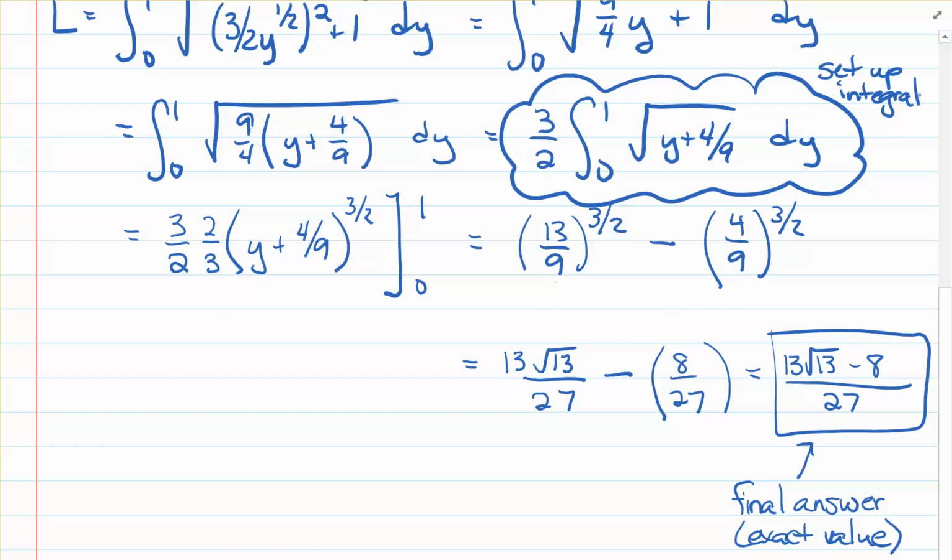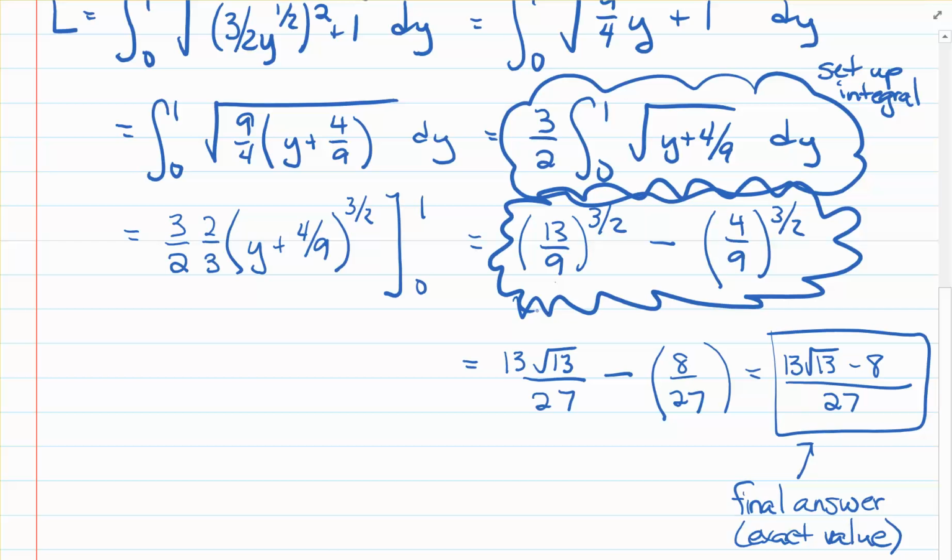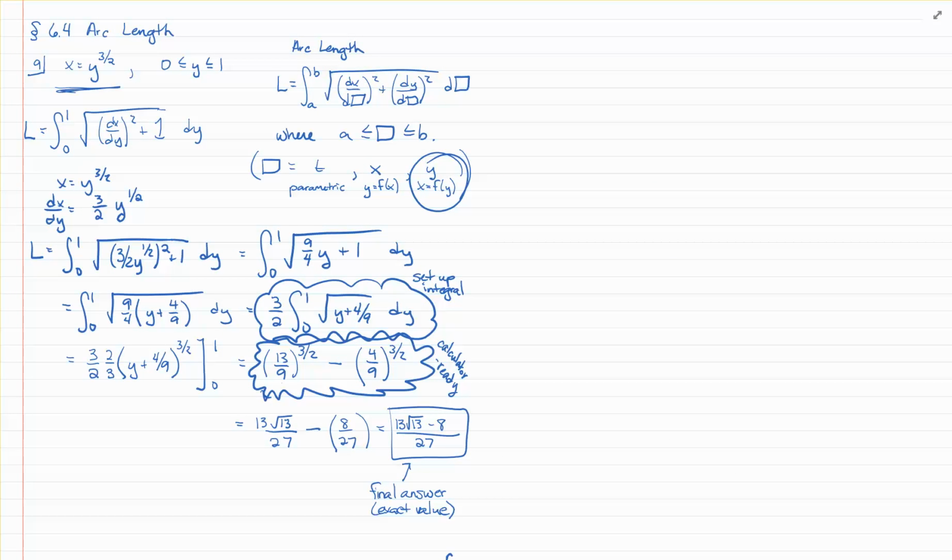And then this, maybe a different kind of bubble, a jagged bubble, is the version of the answer where you've taken the integral and used the fundamental theorem of calculus and plugged in the numbers, and this is what we would call a calculator ready answer. So on an exam, we might ask you to find the calculator ready version. All right, hope that helped. Zoom back out so you can see the whole thing.